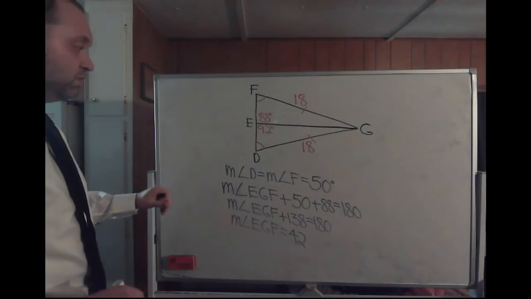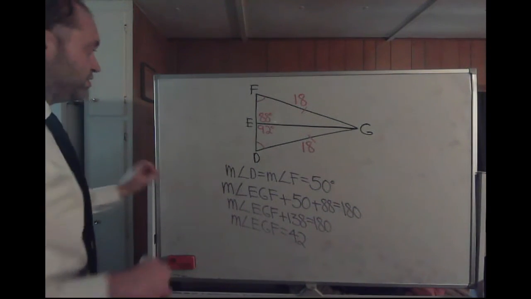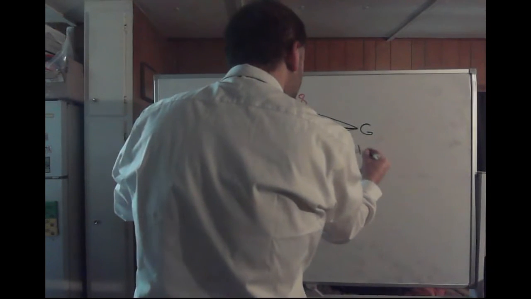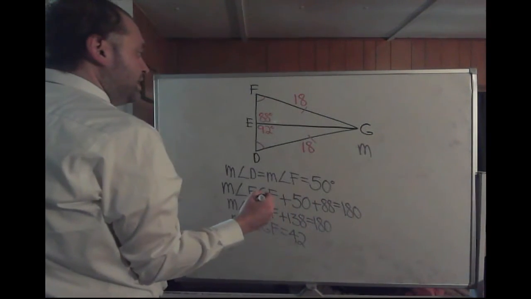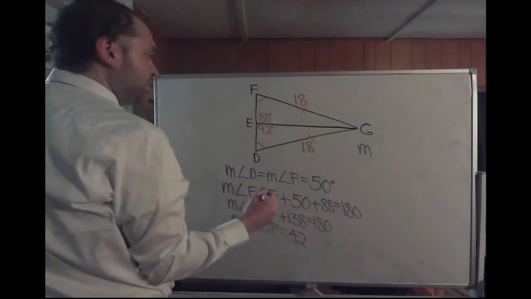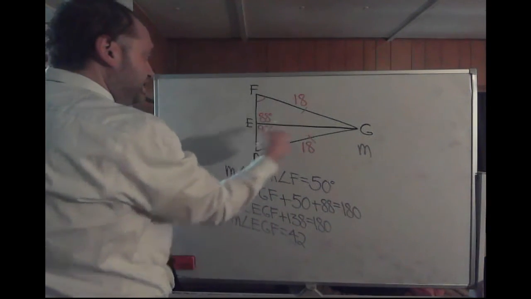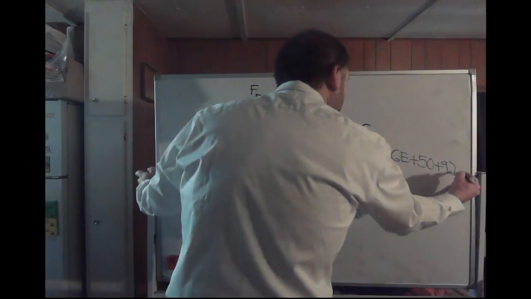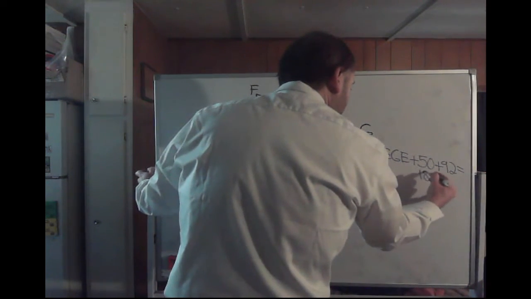Now let's also look here at this triangle. We want to solve for angle EGD. So the measure of angle EGD plus 50 plus 92 equals 180, right?